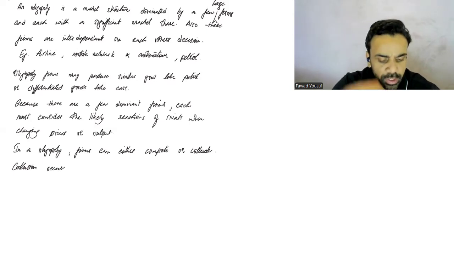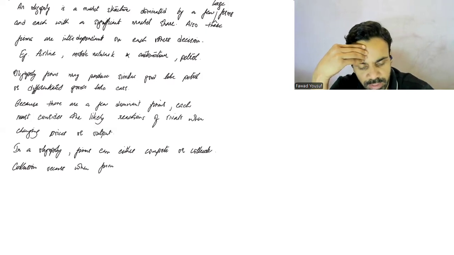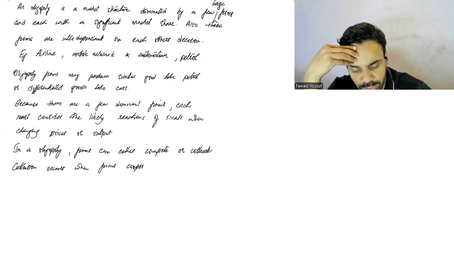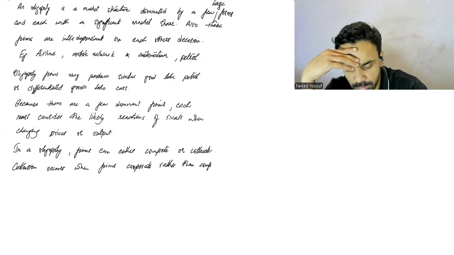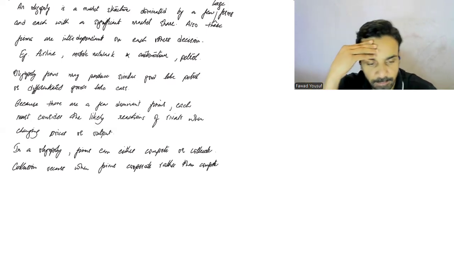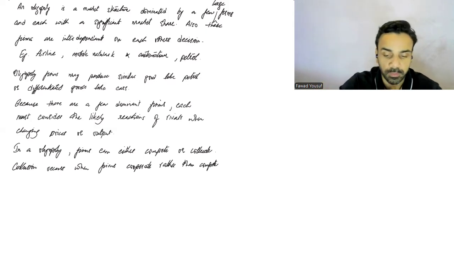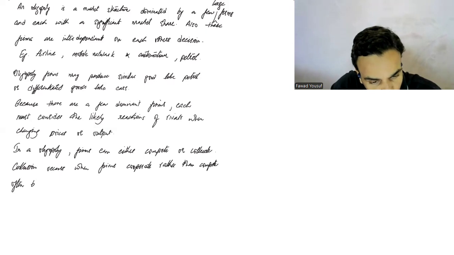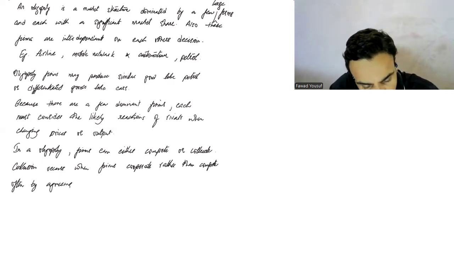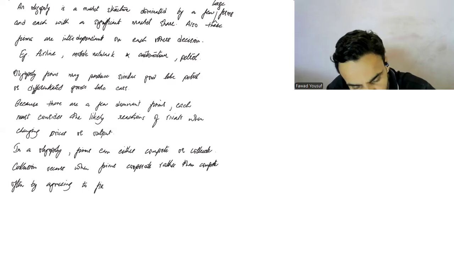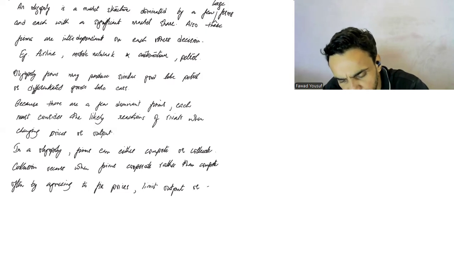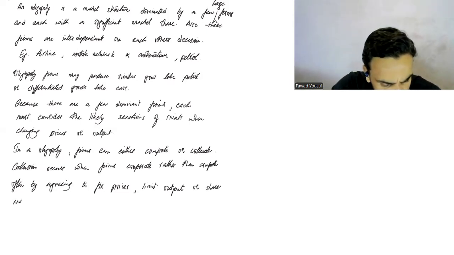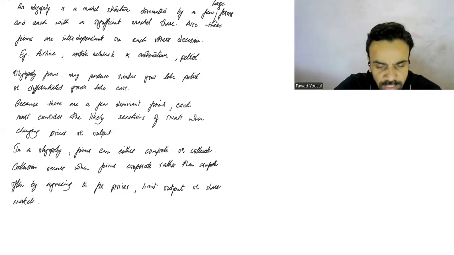Collusion occurs when firms who operate rather than compete, often by agreeing to fix prices or like limit output or even like share markets. अब वो मिलके oligopoly firms they can collude.